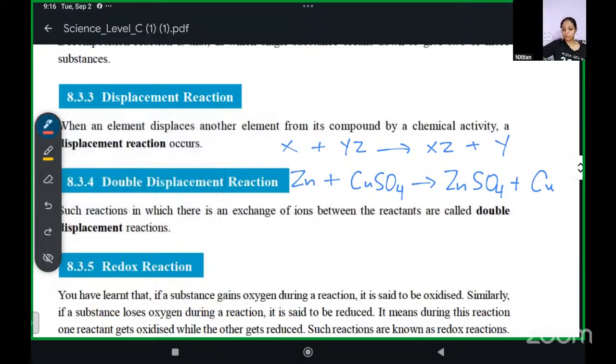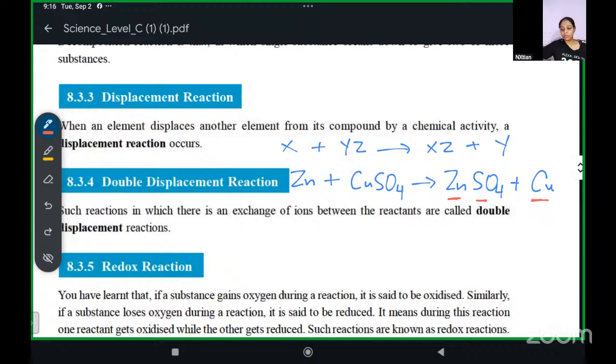Cu, I think, is copper. In the reaction, ma'am, is it sulfur oxide? Probably sulfur oxide. Zinc and SO4 come together because they are more reactive and Cu is displaced.